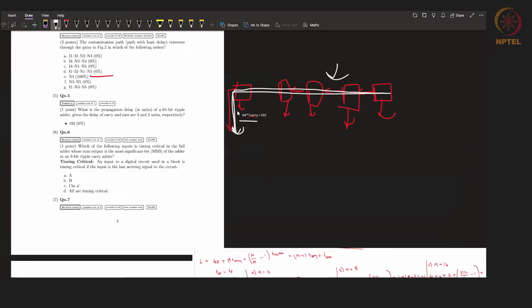Therefore, you need to optimize for C in, your carry in to carry out, because the carry in is your last arriving signal. Therefore, that needs to be fast, and the timing critical signal is your C in.